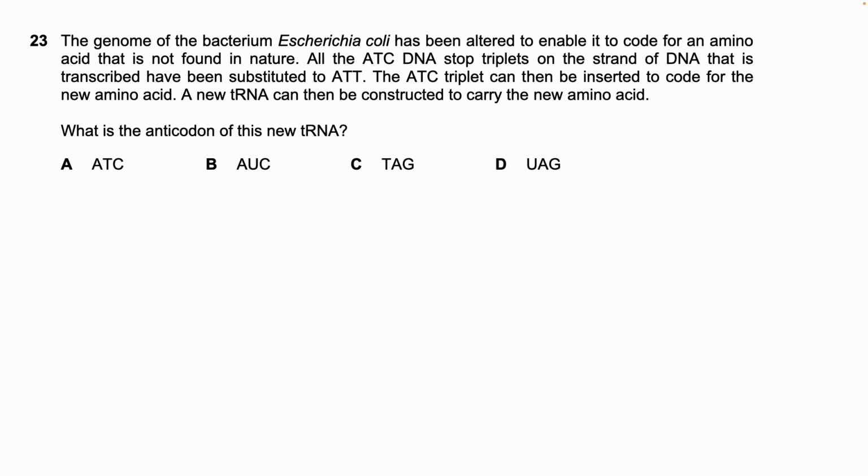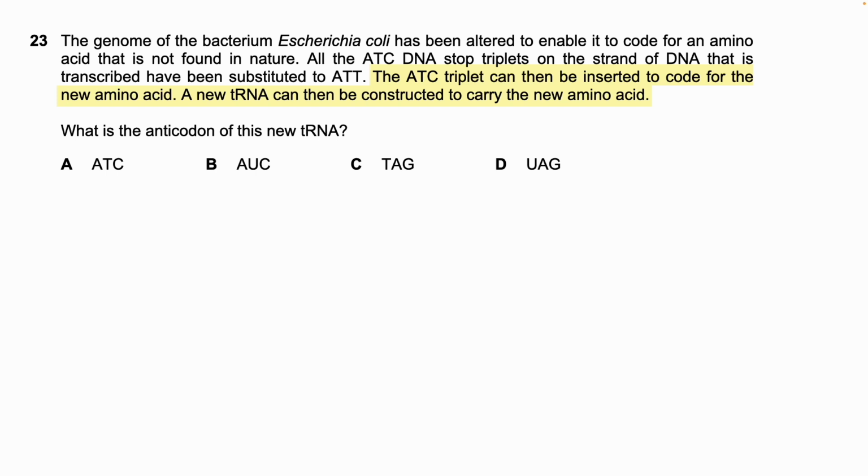A new tRNA can then be constructed to carry the new amino acid. The main information here is that the ATC triplet is inserted to form a new amino acid, and a new tRNA carries it. The question asked is what is the anticodon for this new tRNA.